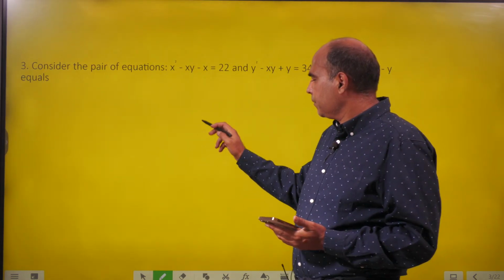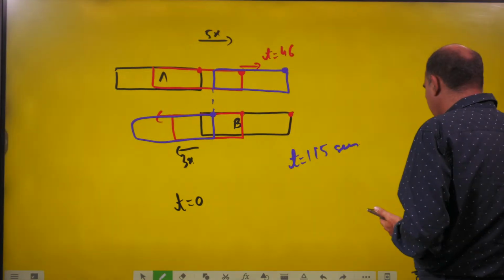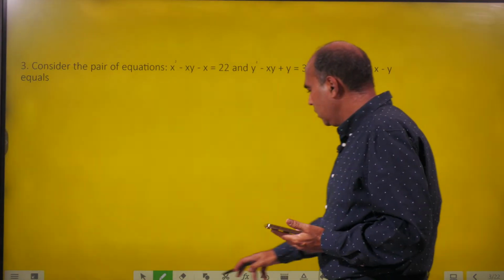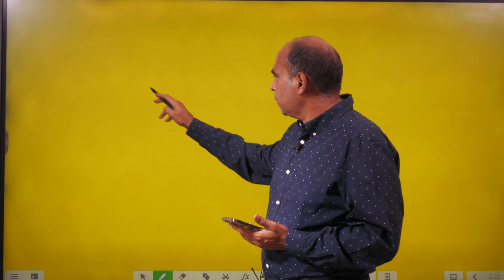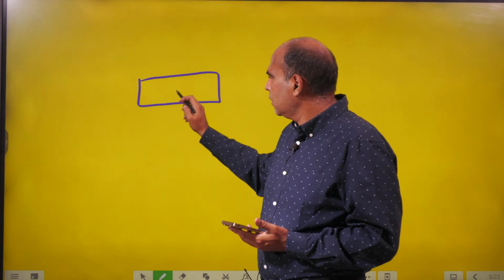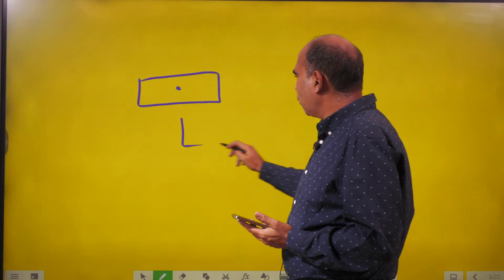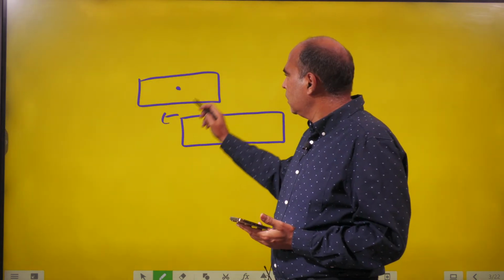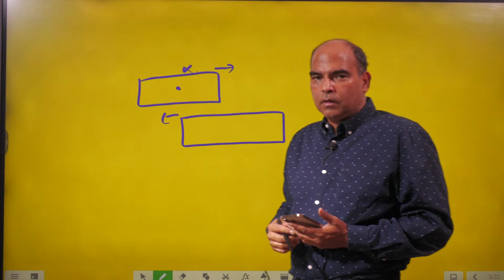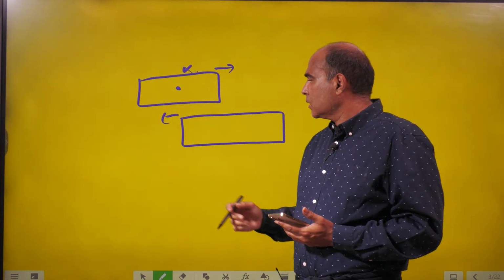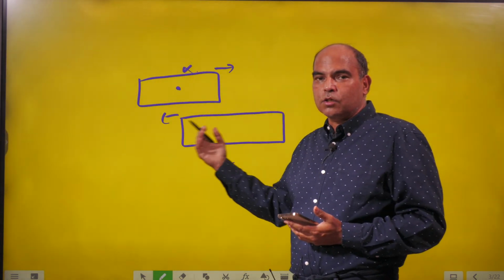When there's a train crossing a man in the other train. So if there's a man sitting in one train and there's another train crossing this train, the length of this train becomes irrelevant in that case. It's just the length of the other train which becomes the distance to be traveled.